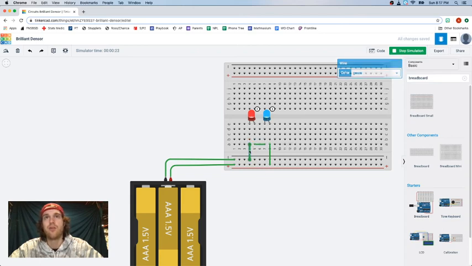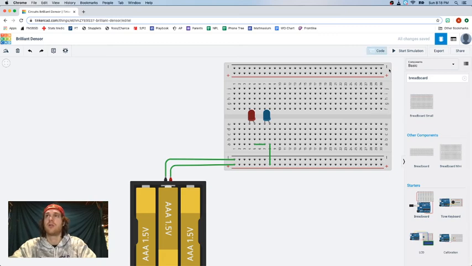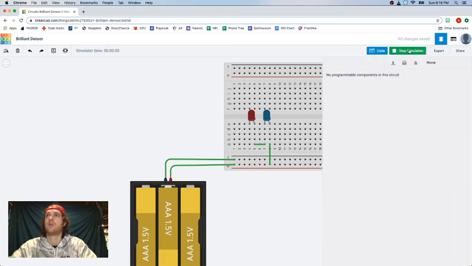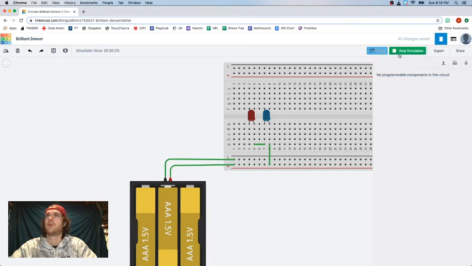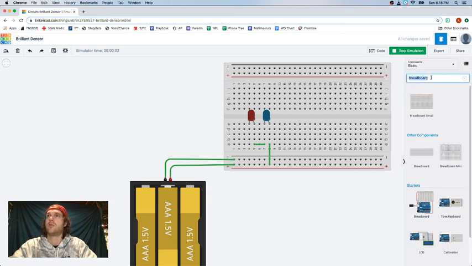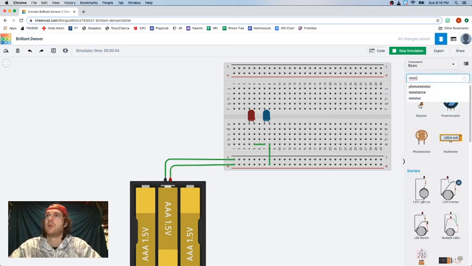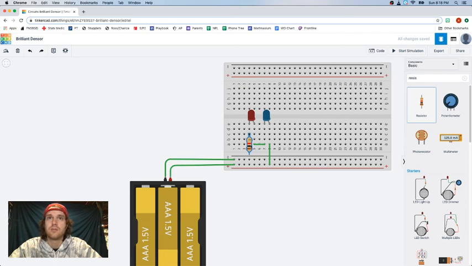So rather than use a wire right here, I'm going to go ahead and drag in a resistor. Uh-oh. I don't know what I just did. Okay, I'm going to grab a resistor. I'm going to drag that into the system, and I'm going to connect it right here.